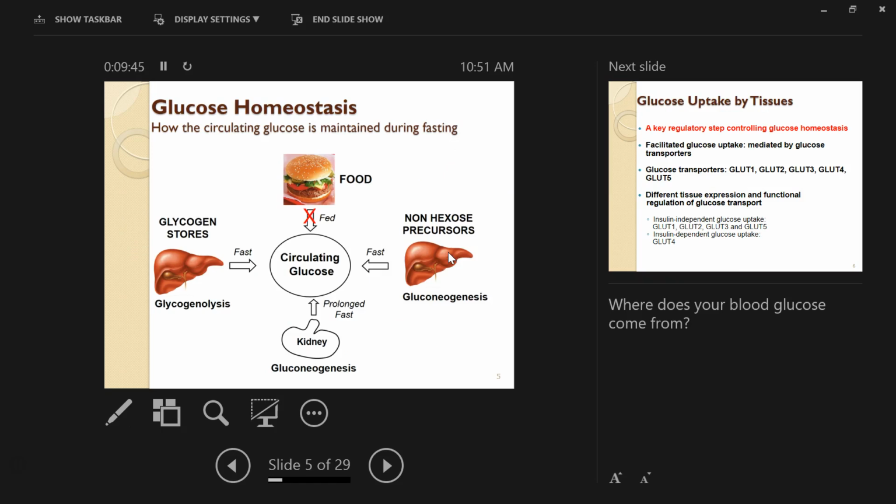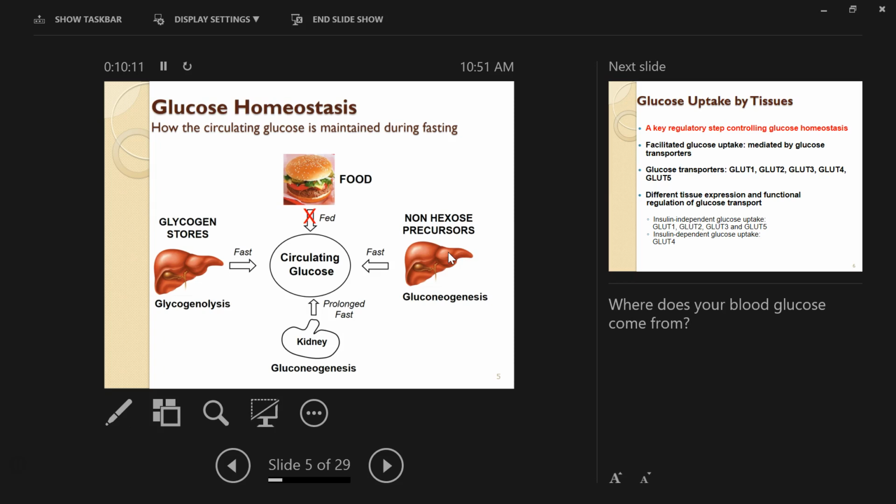We don't have food available, and then we need to use the stored energy. In the carbohydrate metabolism that we already talked about, there is glycogen, right? So glycogen is a stored energy, but the other important stored energy is fat, right?